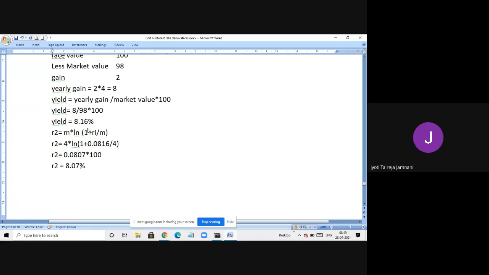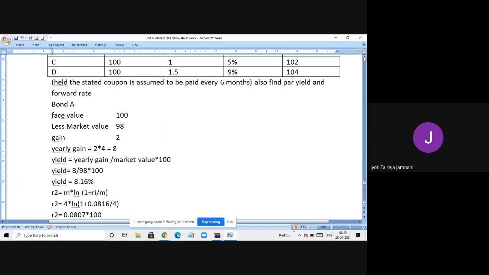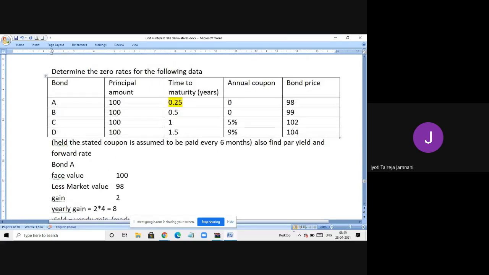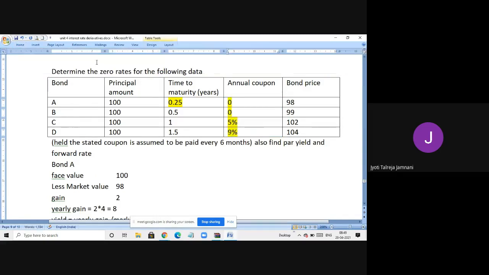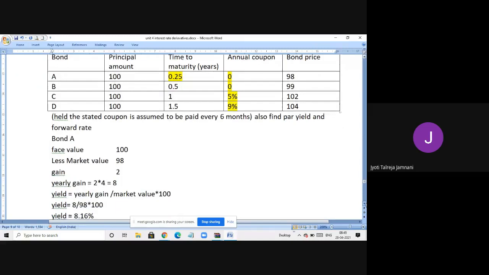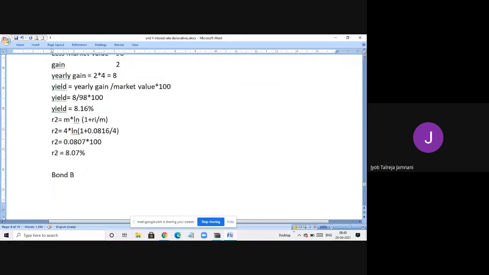Let's do it now for bond B. Bond B also has no interest. If we look at the question here, these are the annual coupons which will tell us about the interest, whether the bond is giving or not giving. So for bond B also it is 0. So we'll use the same method of solving which we did for bond A. So first face value minus market value.